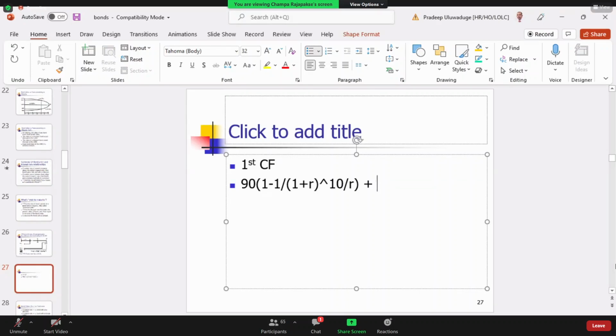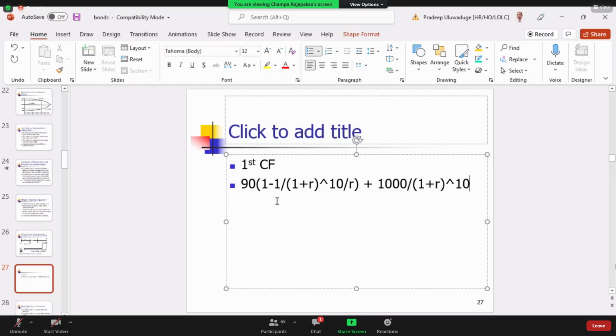Plus the second cash flow, which is 1,000 rupees divided by 1 plus R to the power 10.